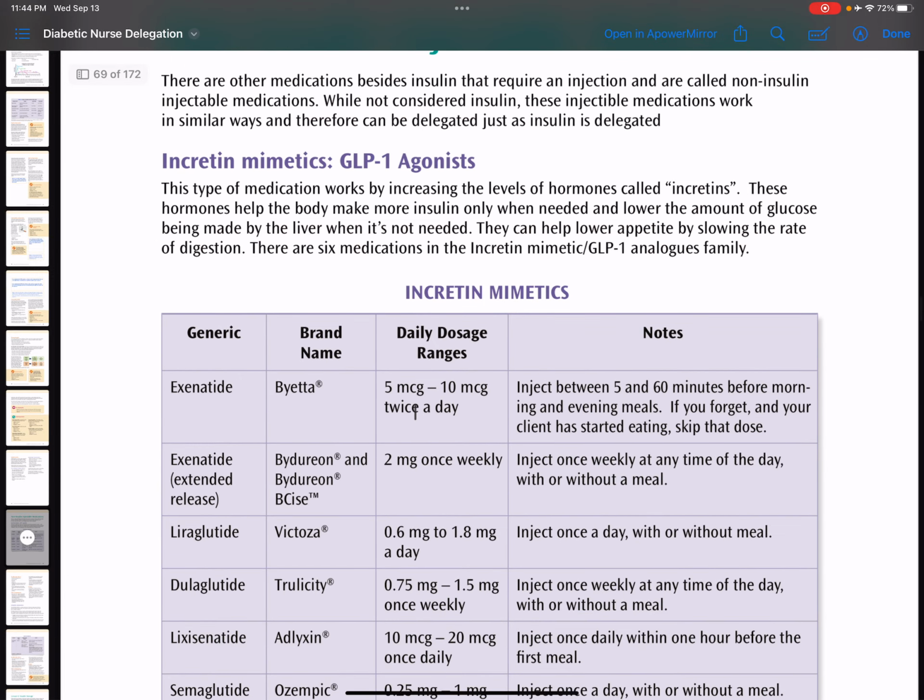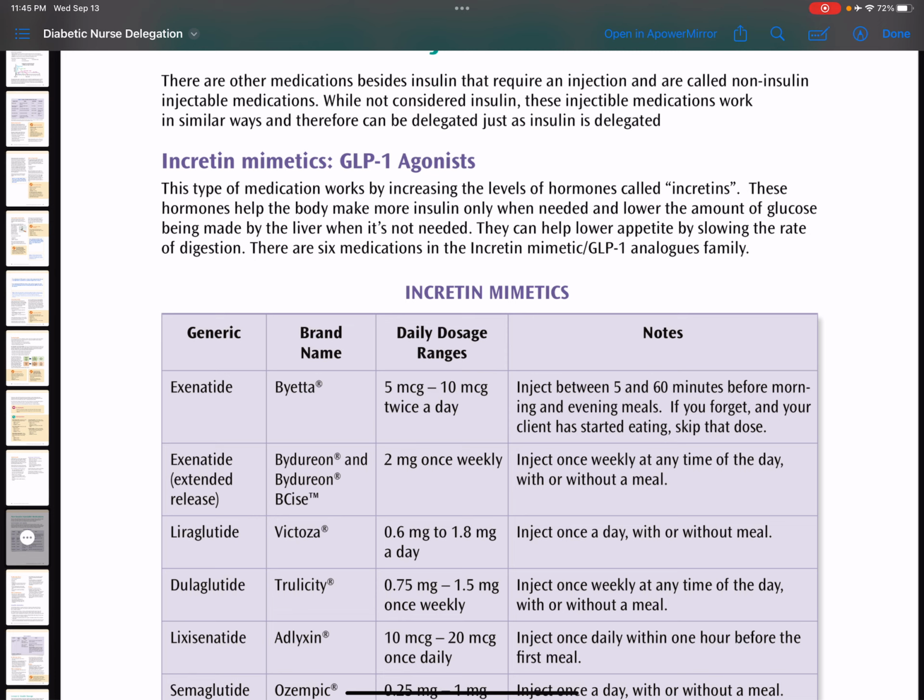This one is incretin mimetic. This type of medication works by increasing the level of hormones called incretins. These hormones help the body make more insulin only when needed and lower the amount of glucose being made by the liver when it's not needed. They can help lower appetite by slowing the rate of digestion.